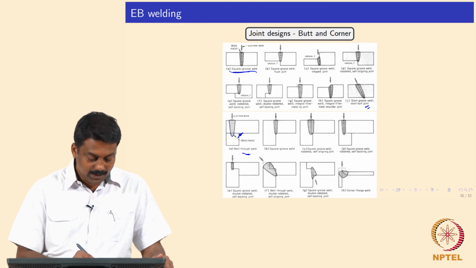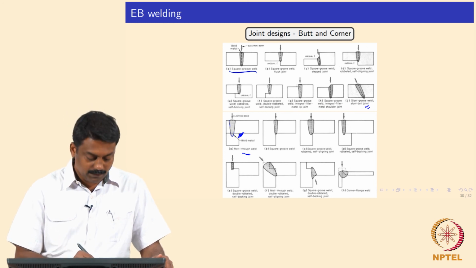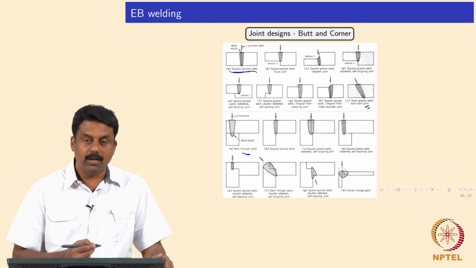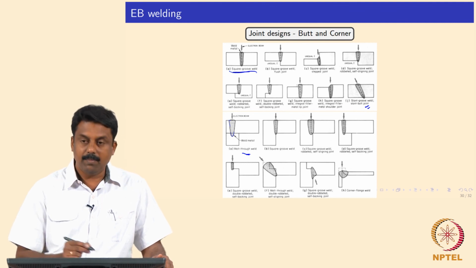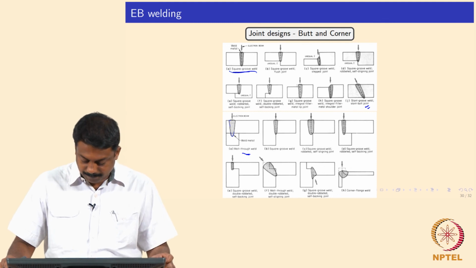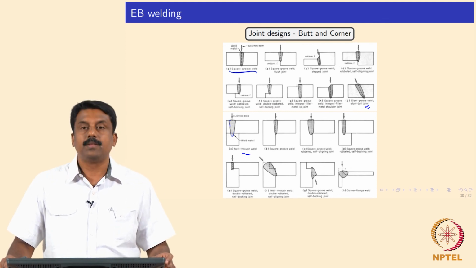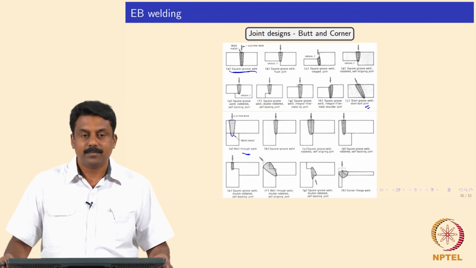So when you are using a fillet weld at the joint, you also have a stress concentration, and you also add extra material to make a fillet joint in T configuration. So in that application you can use a melt through weld. You can have an electron beam pass, and then you can make a joint between these two surfaces. Is it clear? Some of the configurations, if you look at them, most of them are butt welds.